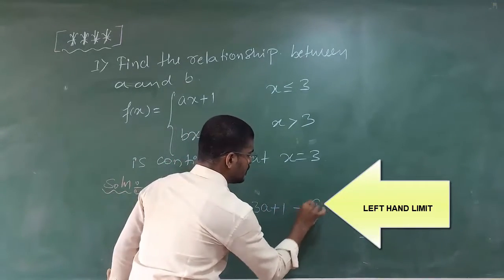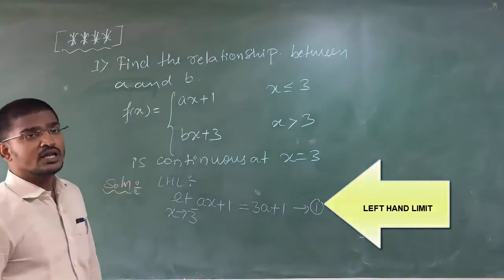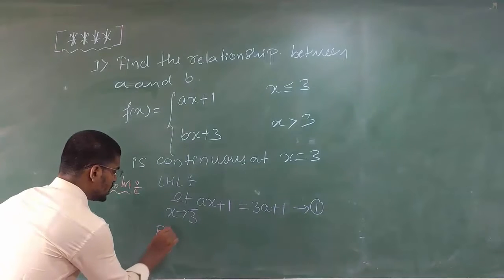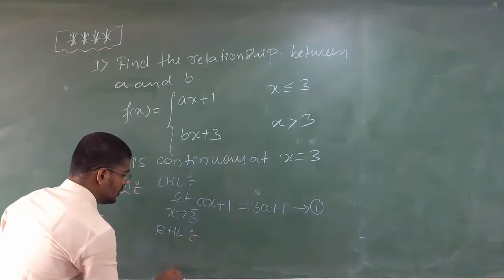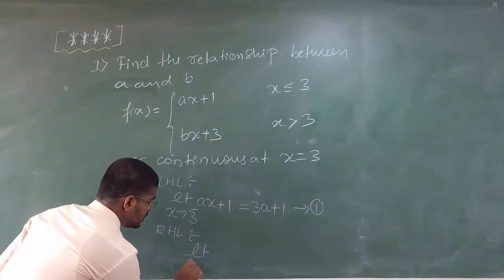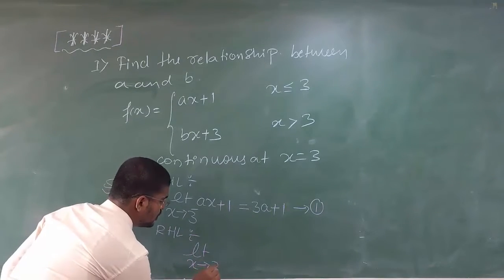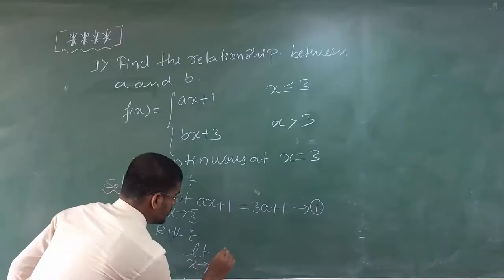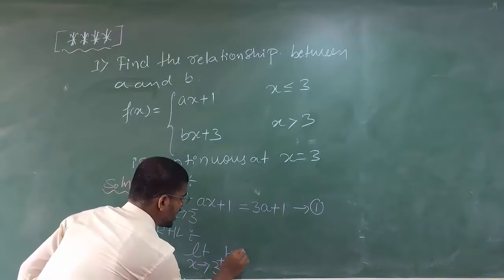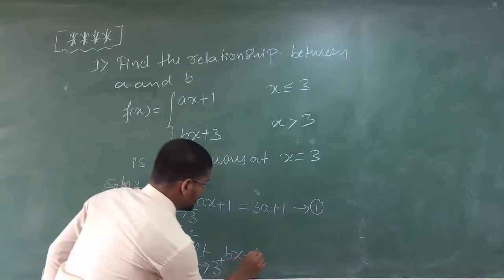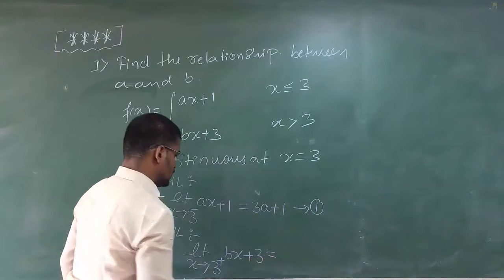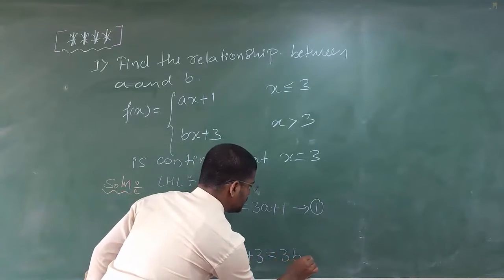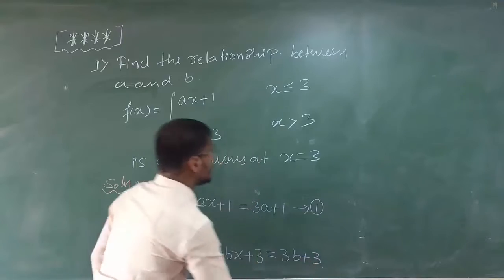Call this as equation 1. Clear? Now let us go for RHL. Limit x tending to 3 plus, that is bx plus 3. It will be equal to 3b plus 3.